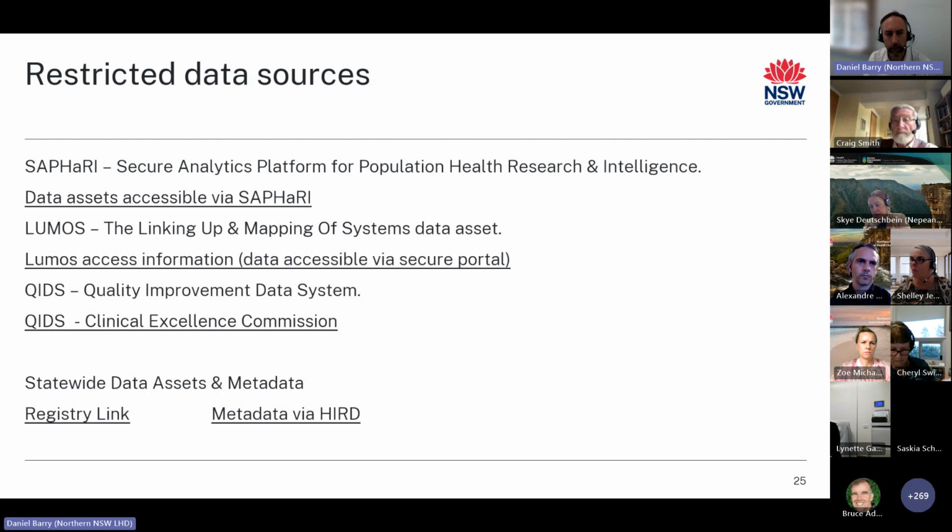The statewide data asset register comprehensively lists all of the data assets held by New South Wales Health, while the health information resource directory contains a lot of information about data. And where it's particularly useful, I expect, for research is it provides information about the variables that are used within individual data assets.